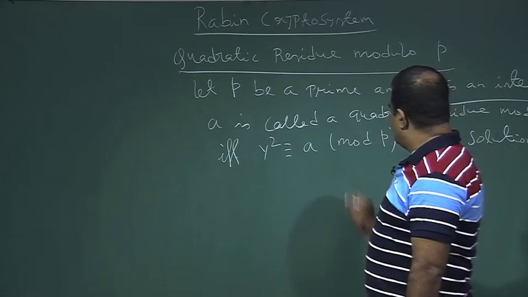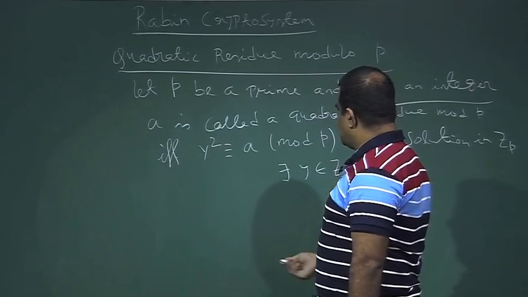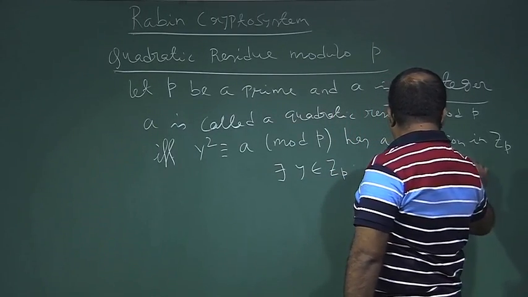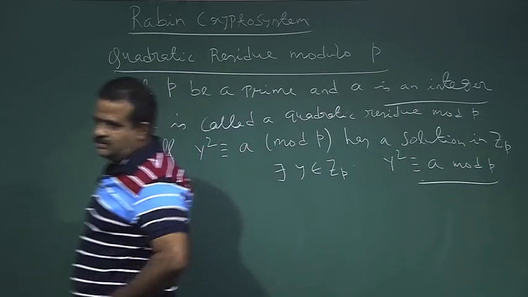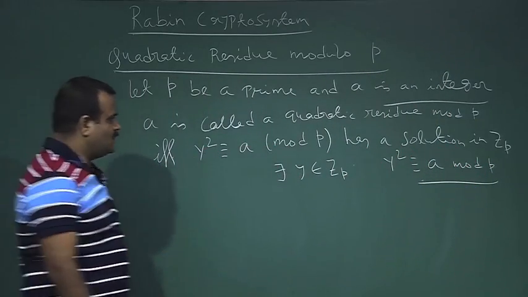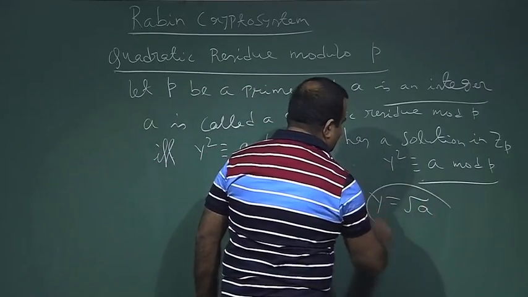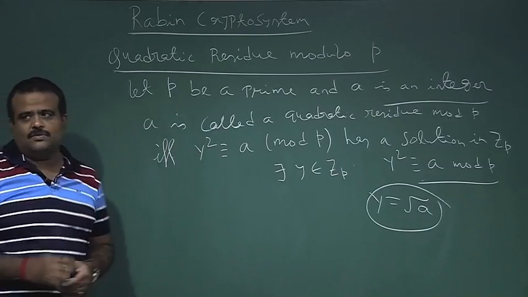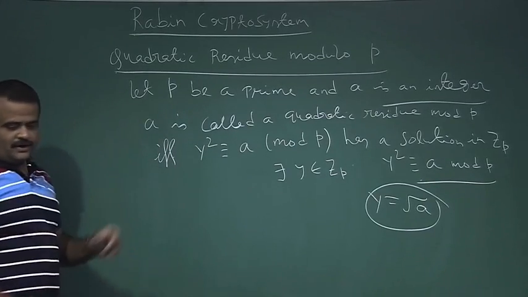That means there exists a y in Z_p such that y square is congruent to a mod p, so a should have a square root. Basically we can write y as the root of a, in this quadratic residue sense. Okay, so this is the definition of quadratic residue.